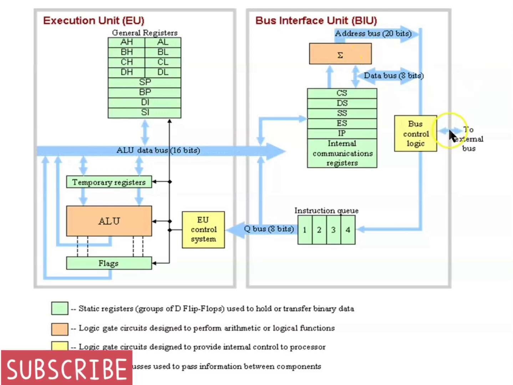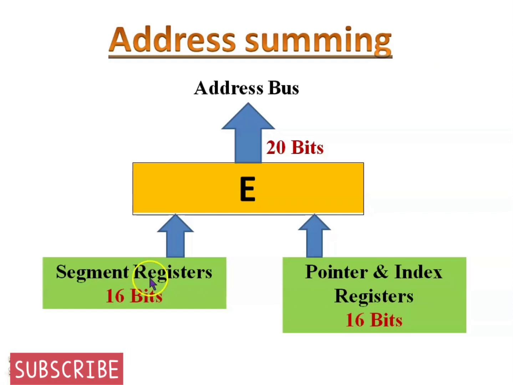Therefore, the process of trying to access a single location in 8088's memory space takes 3 things: a 16-bit segment address, a 16-bit offset address from pointer or index registers, and a 20-bit physical address which is output from the address summing block. There are two purposes for the summation of segment and pointer or index registers to access a single memory location.